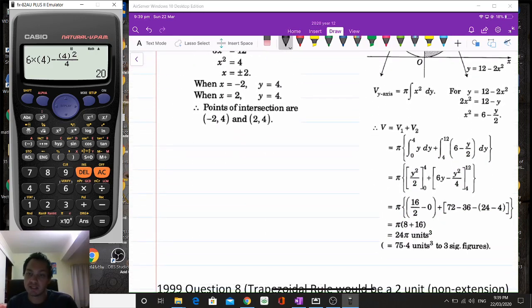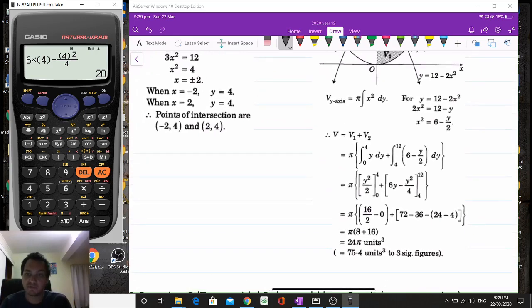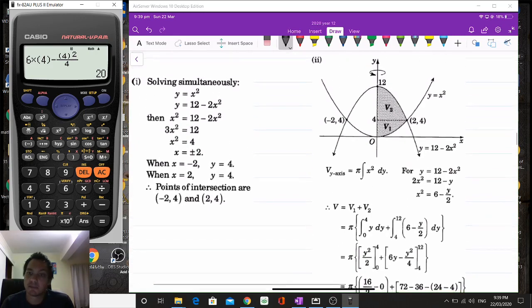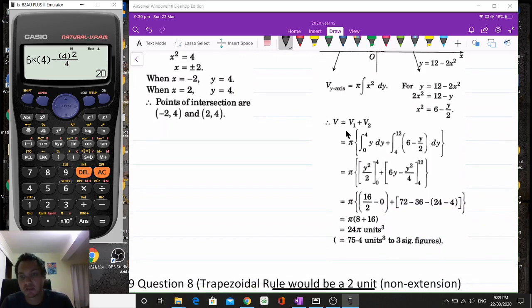Look at that. Now see what they've just got there. They've done it as one part together, and that's perfectly fine. So it looks like I didn't check the answer first at the start, but that's the same. So this is, I put that as volume 2, and then that was volume 1.